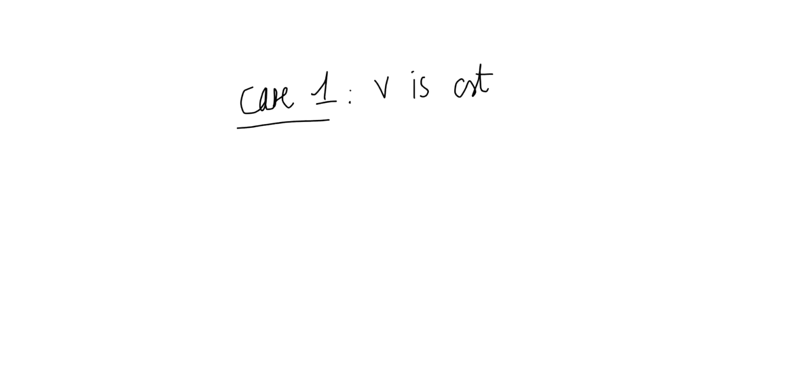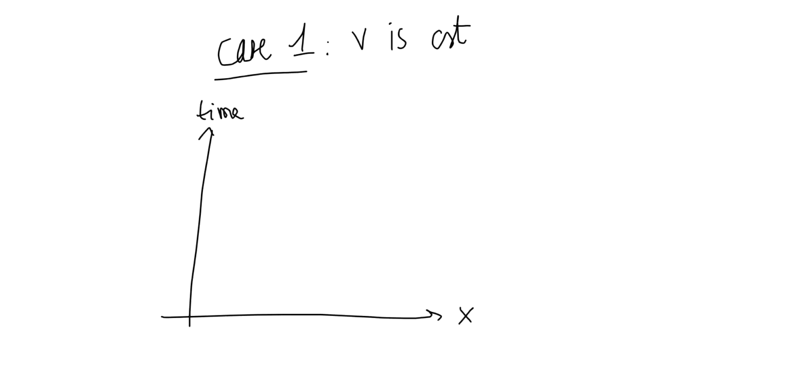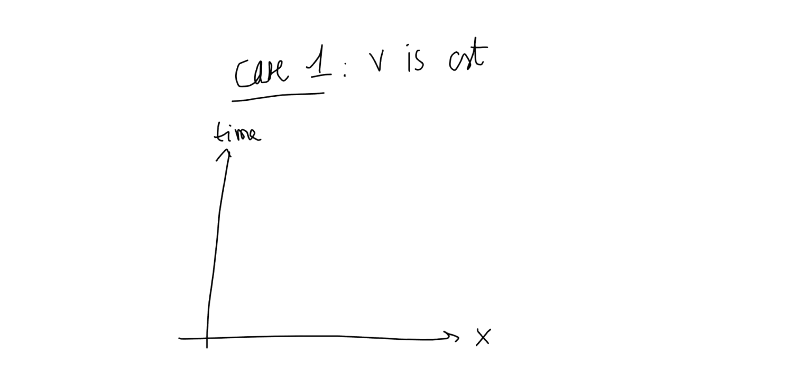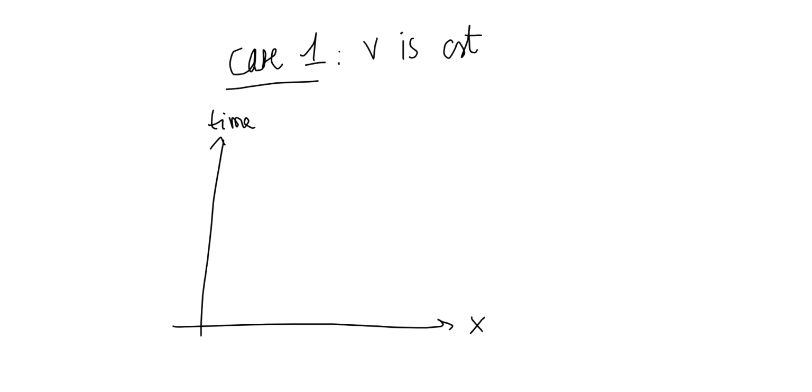Case one, the velocity is constant, which means that the velocity is not a function of time. So this is your space-time diagram where I now consider only the x spatial direction and an object going at constant velocity through space-time.